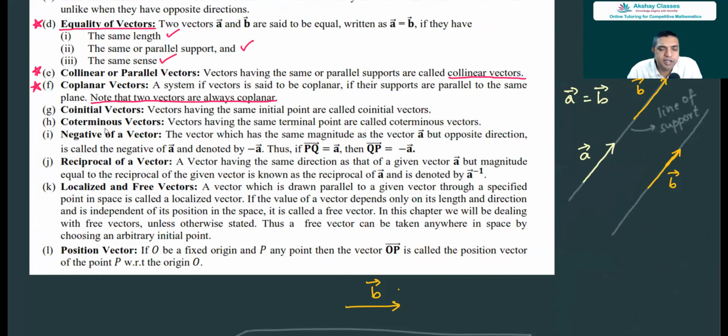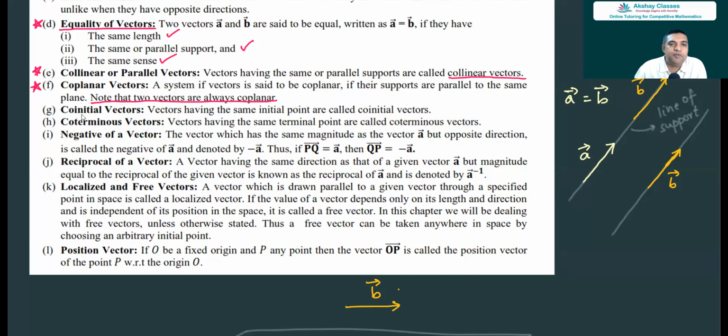We don't generally deal with vectors in this sense unless there is a problem of force acting at a point. We have to consider at which point the force is acting. Then co-initial and co-terminal vectors are important. Coterminous vectors are vectors having the same terminal point.